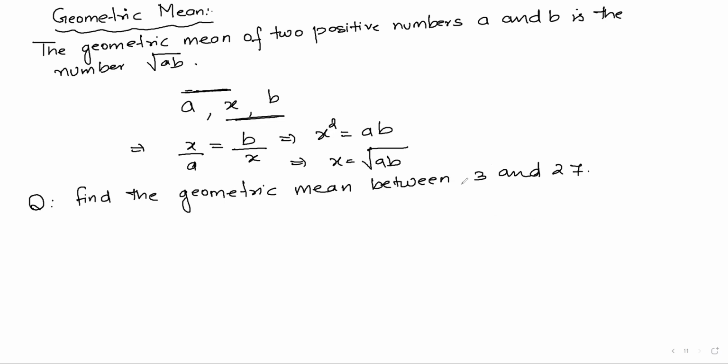Okay, please try this. Sir, done. Okay, Sparsh, what's the answer? Sir, 9. Very good. Yes, sir. Number, 9. Okay. Noma, getting the same answer? Yes, sir. Okay, very good.